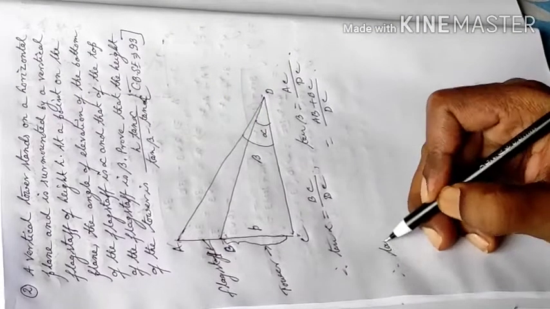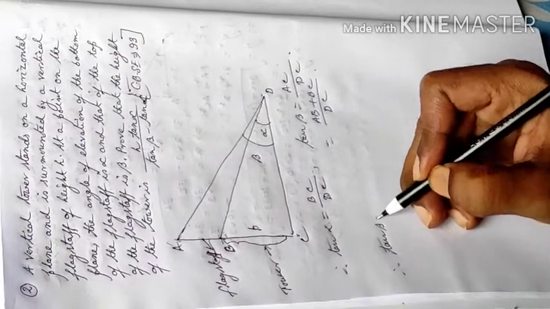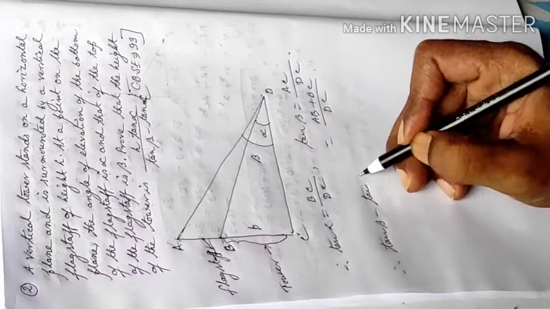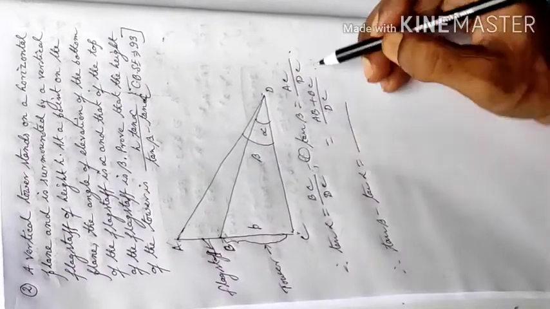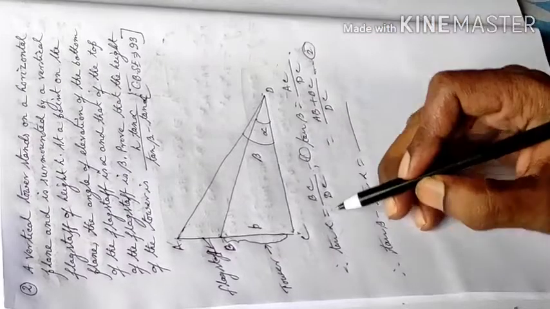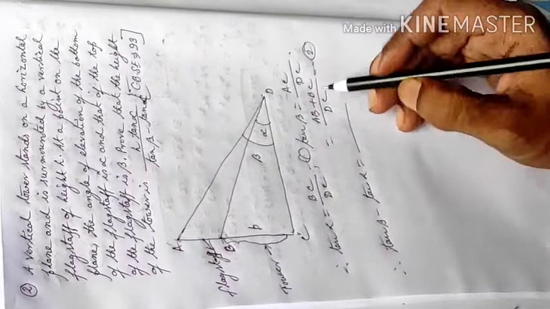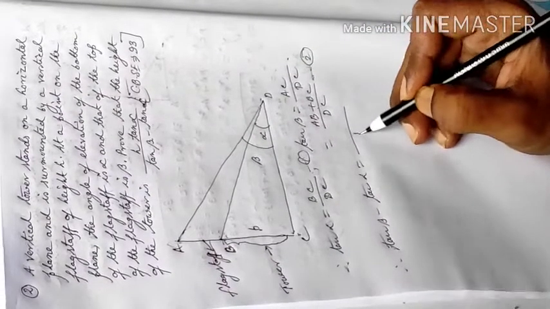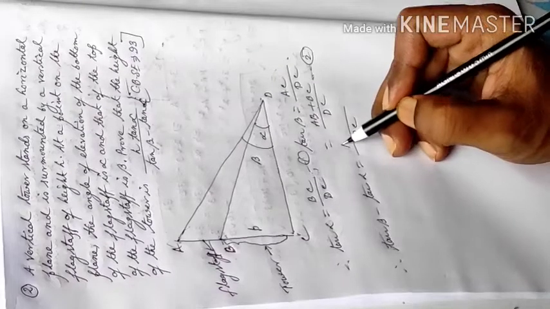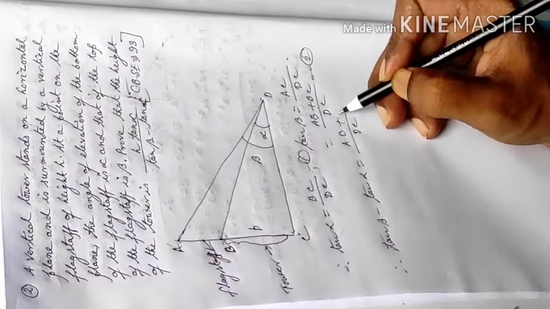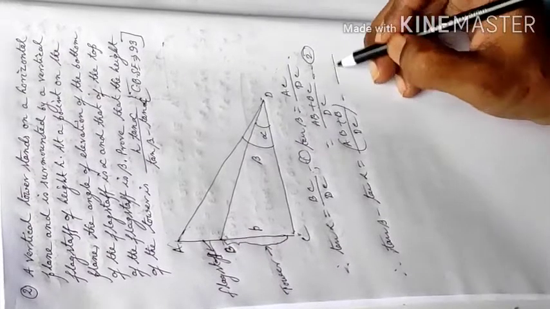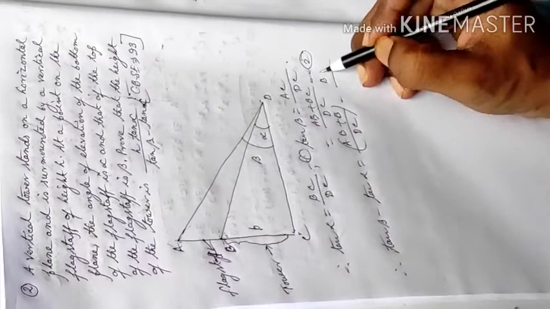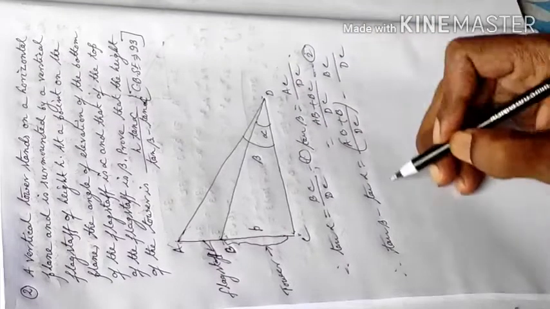Therefore tan beta minus tan alpha is equal to what? This is equation 1, this is equation 2. That is, tan beta means this: AB plus BC by DC. So tan beta minus tan alpha is equal to BC by DC.